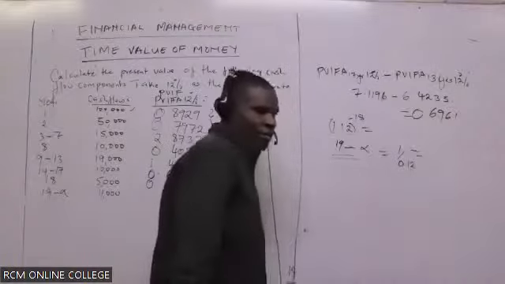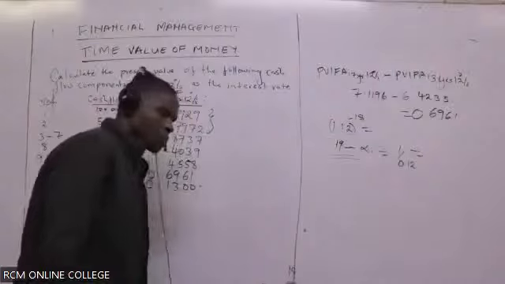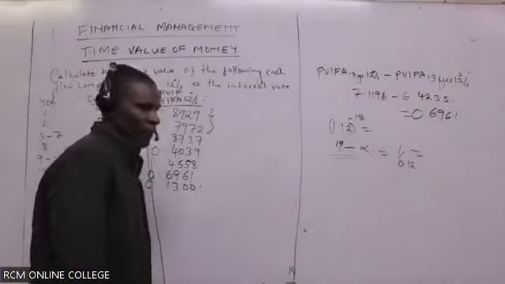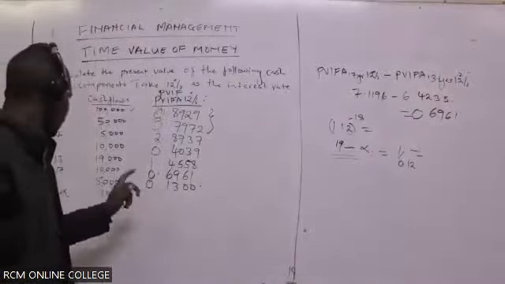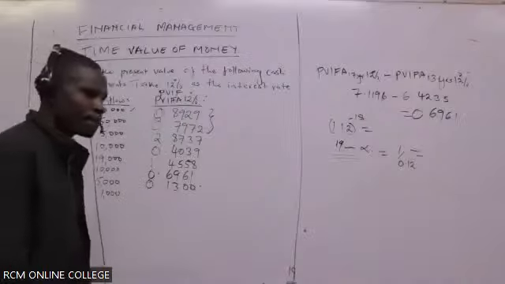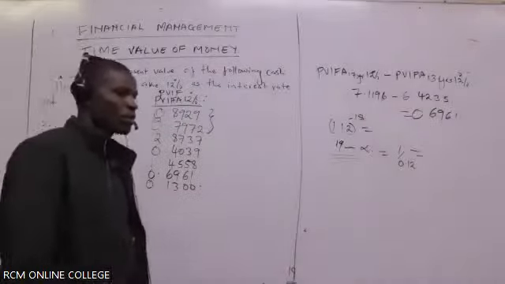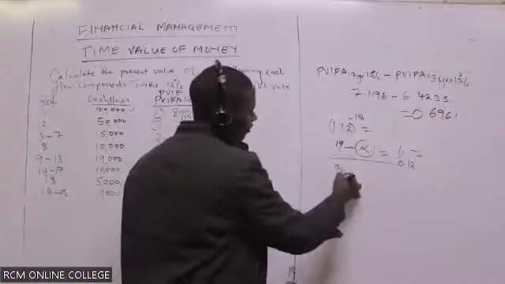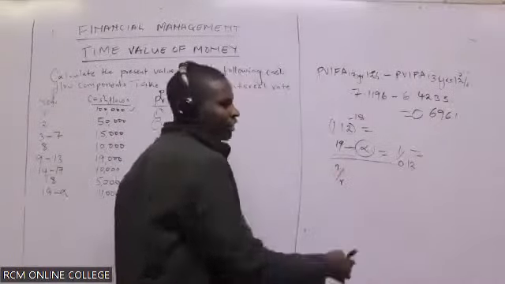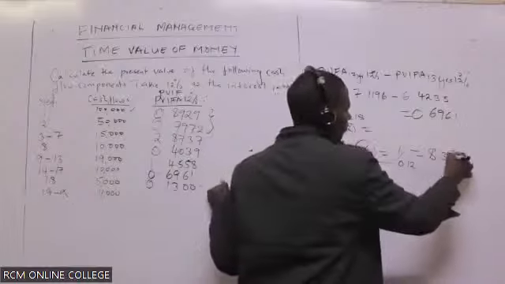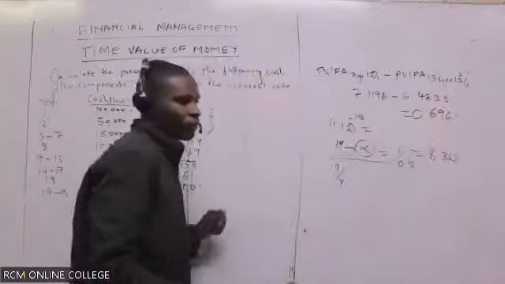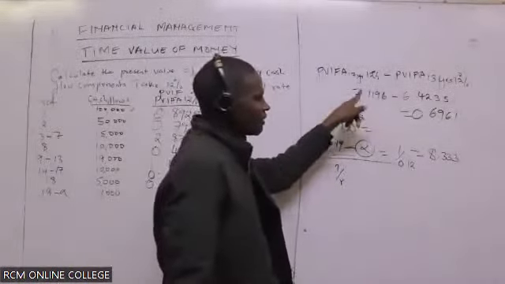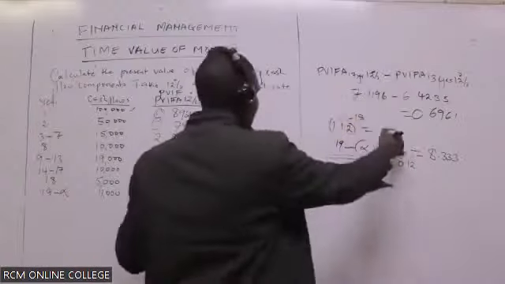So 1 divided by 0.12, what do we get? 1 over R gives the present value of infinite, 8.333. Now, this was for how many years? 17 years, right? And now the one for year 18 is this.